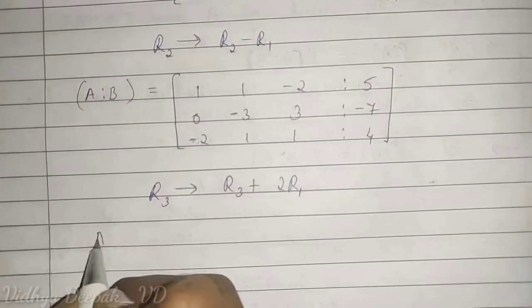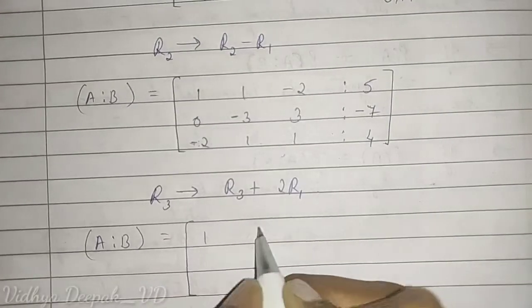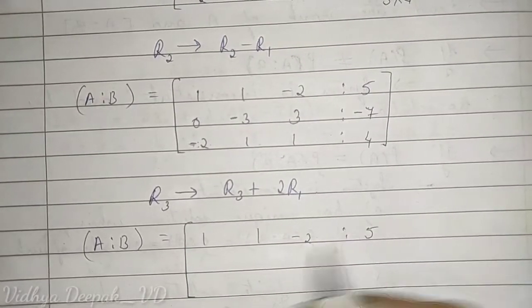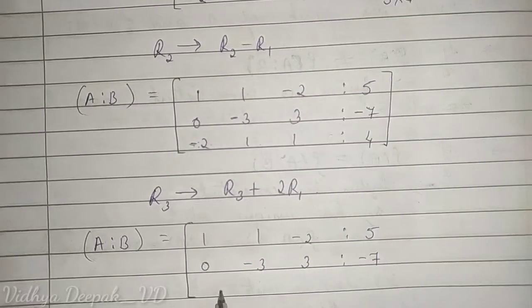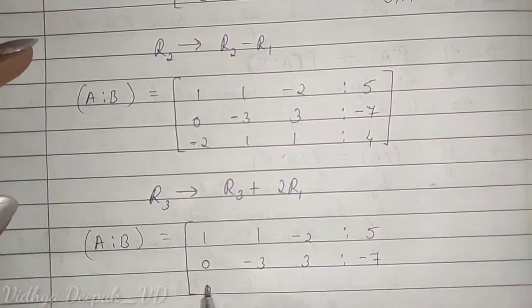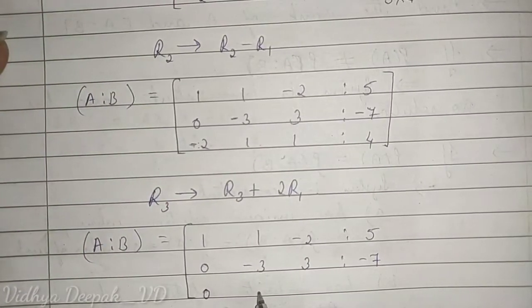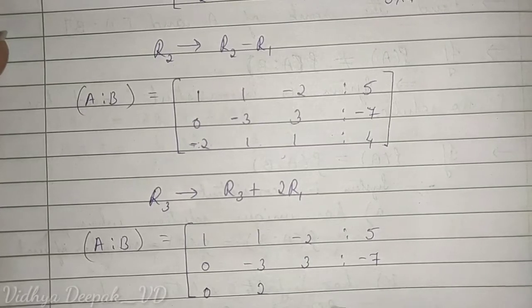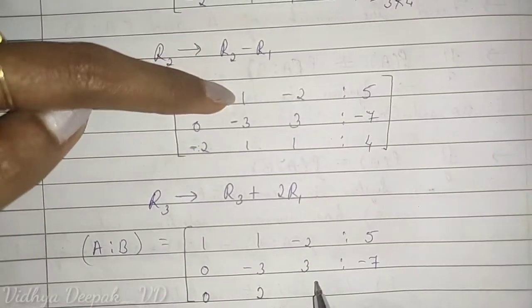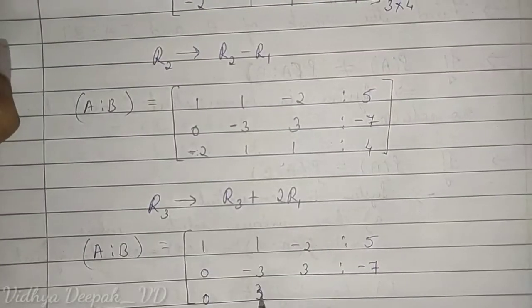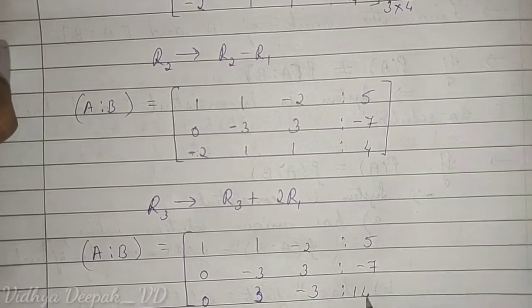Now what happens? The augmented matrix AB is written as 1, 1, minus 2, 5, 0, minus 3, 3, minus 7. Now this row is changing. Minus 2 plus 2 becomes 0. Again 1 plus 1, 2. Again we have 1 into 2, so 2 plus 1, 3. Minus 3 and 14.